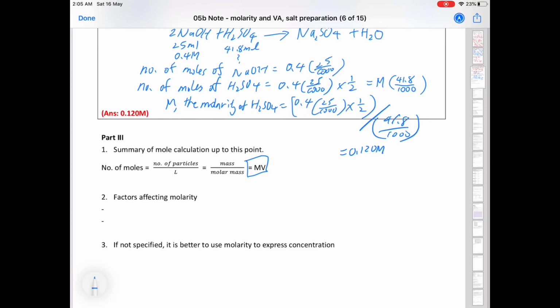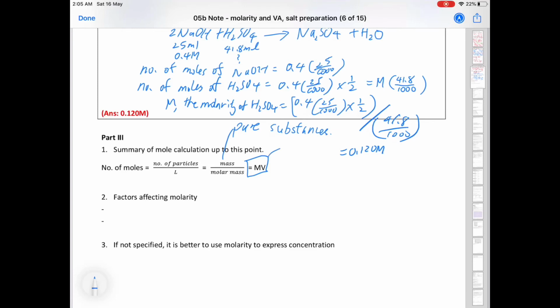But be reminded that each of these relationships has a limitation. Mass over molar mass applies to a pure substance only. If the sample is impure or is a mixture, then we cannot use mass divided by molar mass.